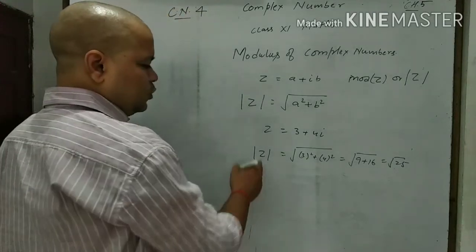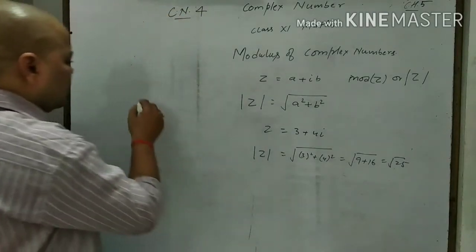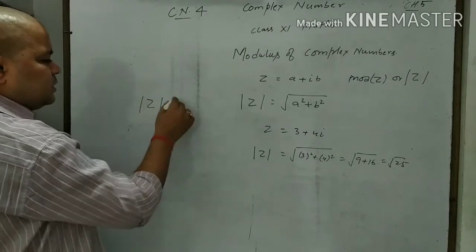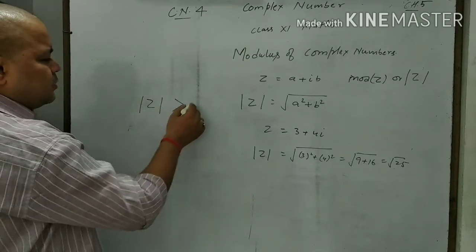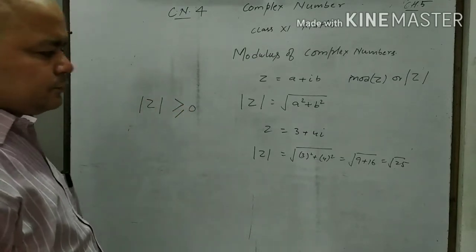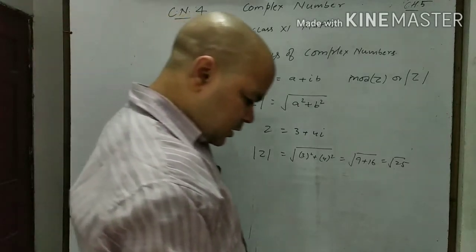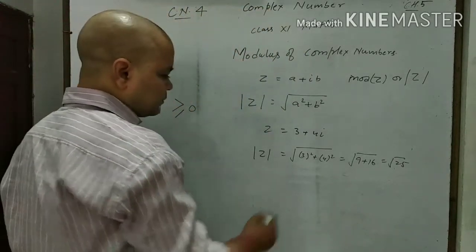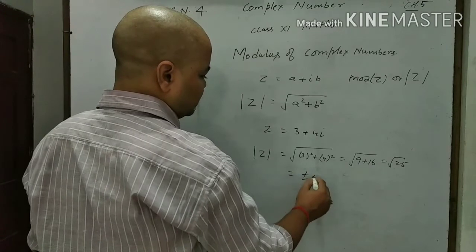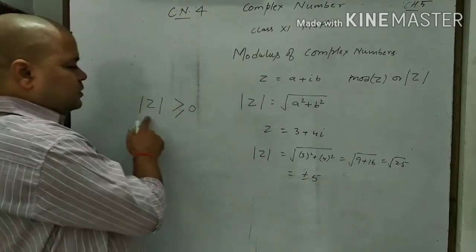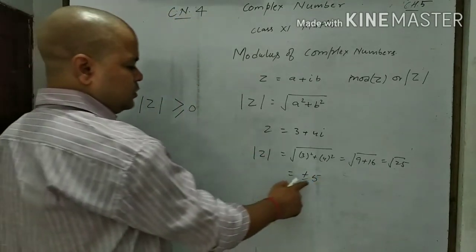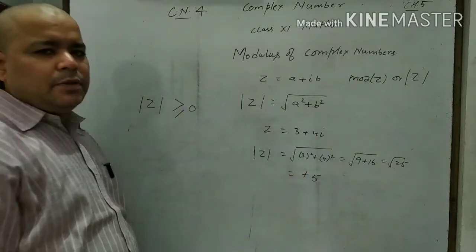And you know the modulus of z is always greater than or equal to 0, so its value would be plus minus 5, but here its value is always greater than or equal to 0, so it will always be positive, meaning 5.